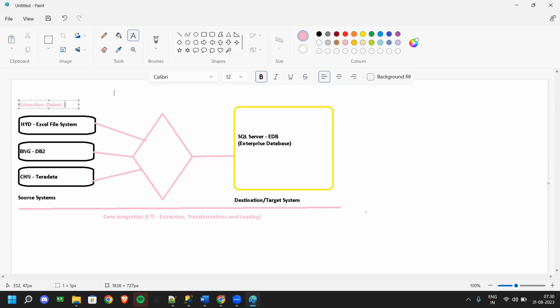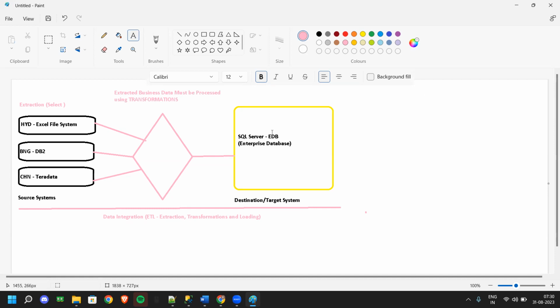Whatever data you extracted from the source, the extracted business data must be processed using transformations, right?